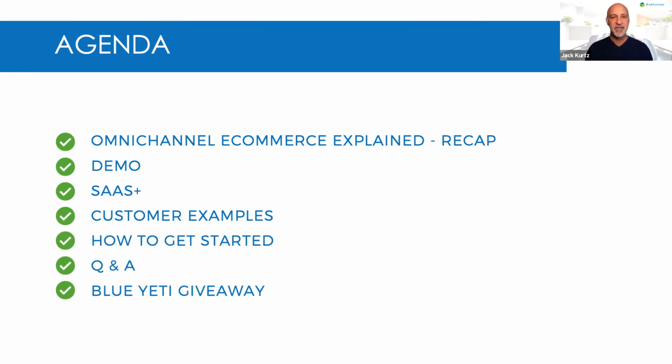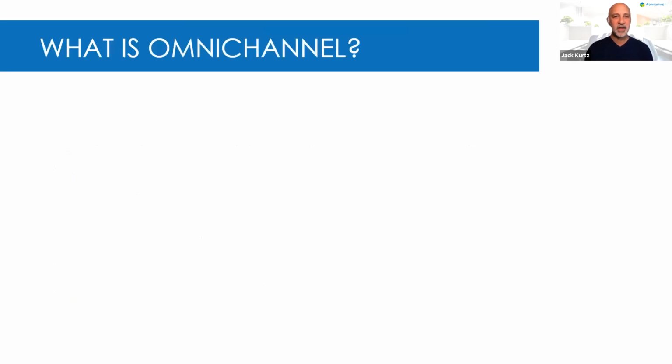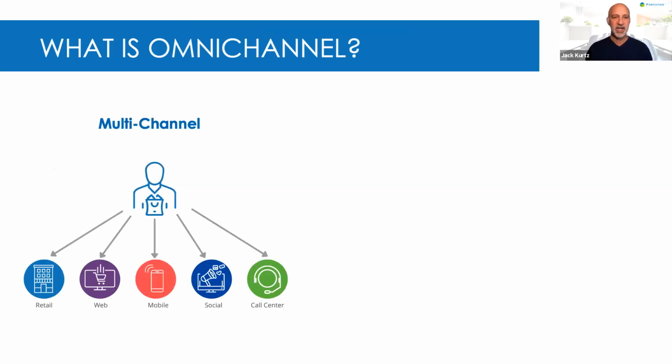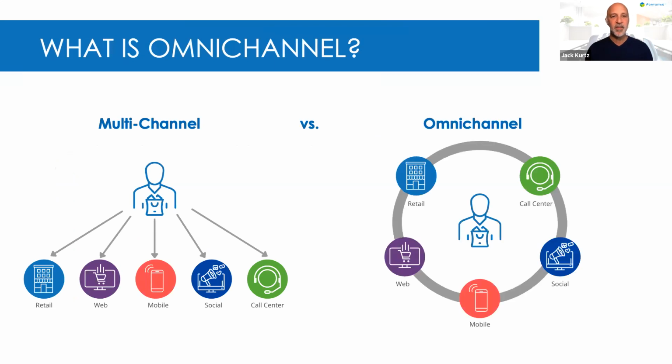So let's go ahead and get right to it and just briefly recap what is omnichannel. And as we talked about last time, omnichannel is not multi-channel. Multi meaning many channels, where you have all of these separate decoupled sales channels where you're not working together, you're not sharing processes, systems, data, or people, and that creates a very frustrating customer experience, versus omni-channel.